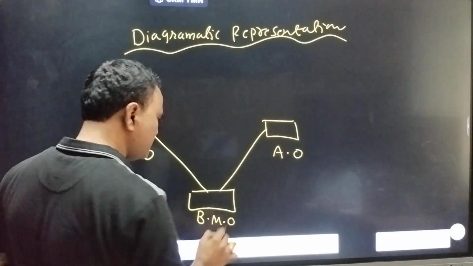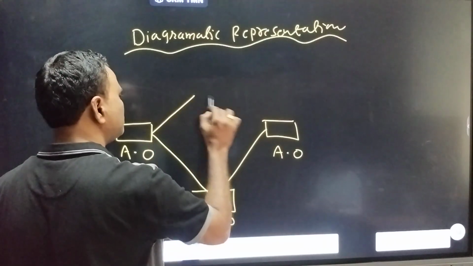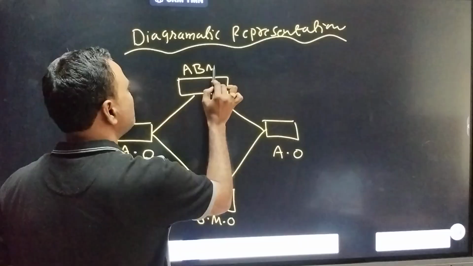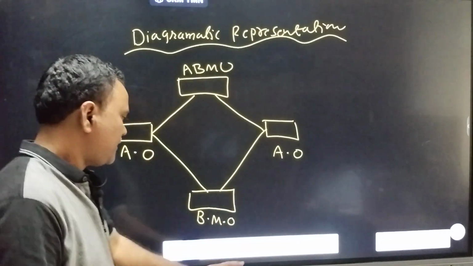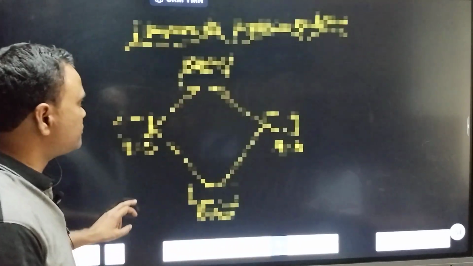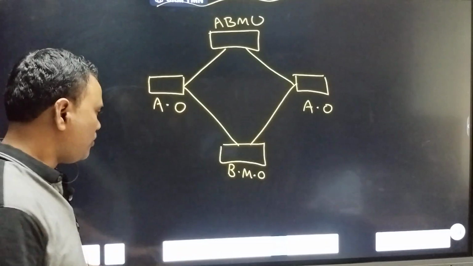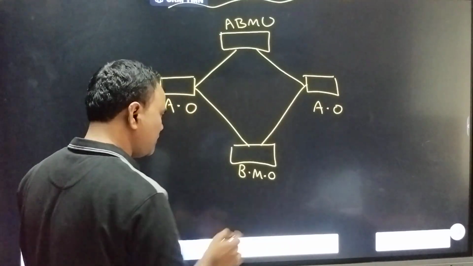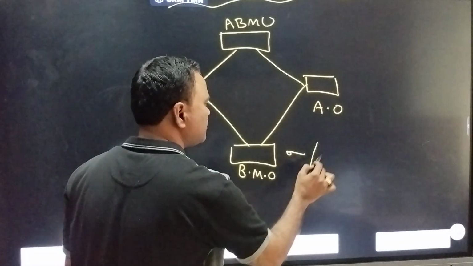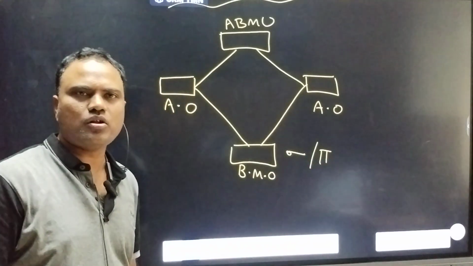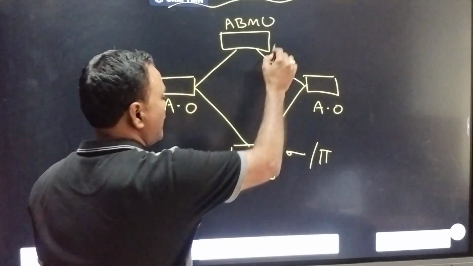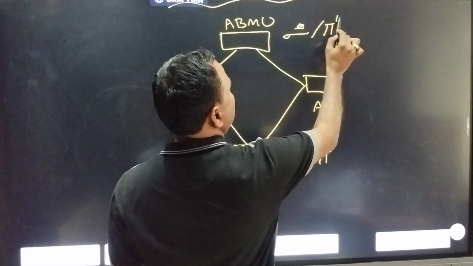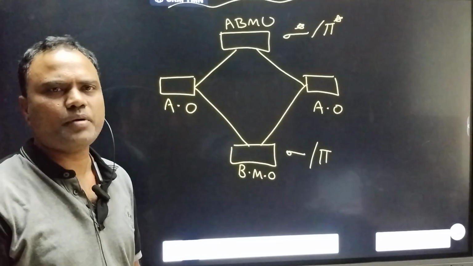Bonding molecular orbital. ABMO, anti-bonding molecular orbital. Here is a very important point: the bonding molecular orbital is represented by sigma or pi. Bonding molecular orbitals are represented by sigma, and anti-bonding molecular orbitals are represented by sigma star or pi star.